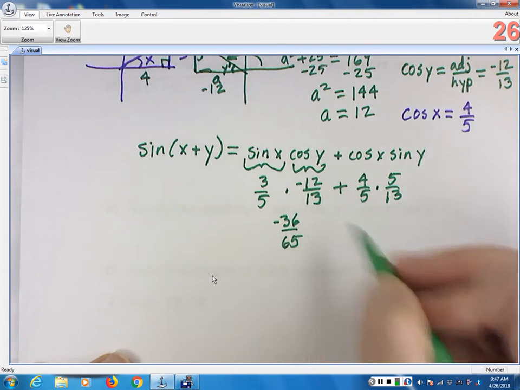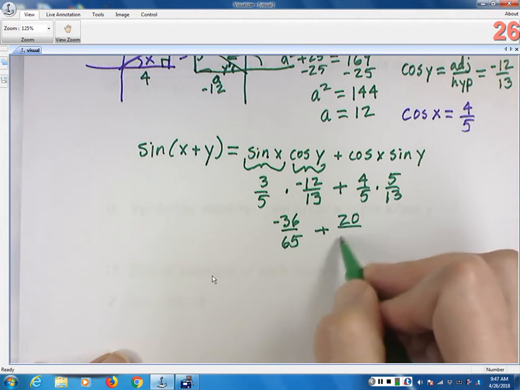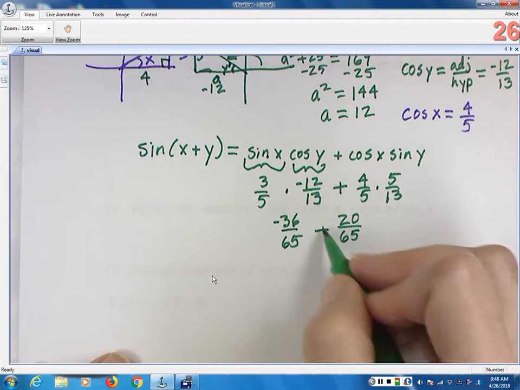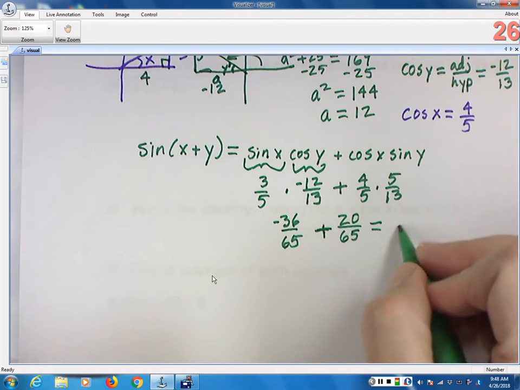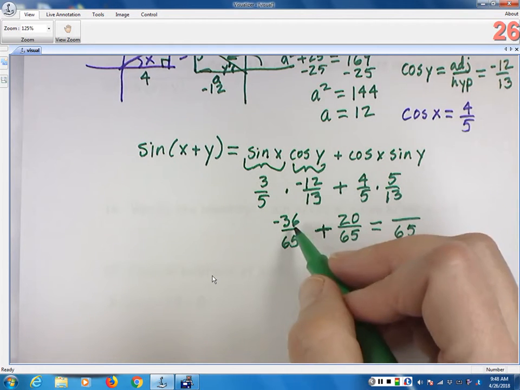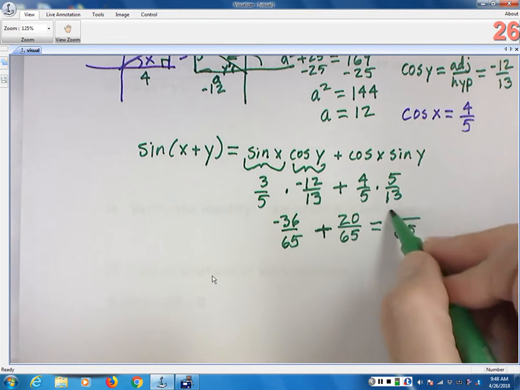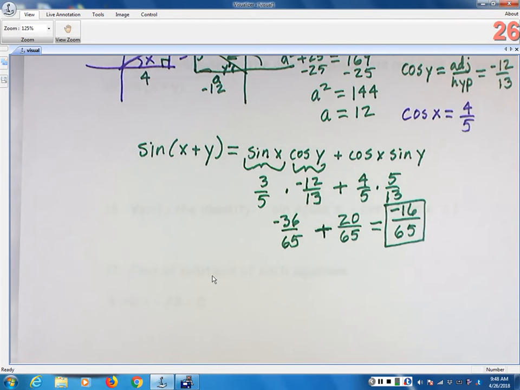Plus 20 over 65. Now when you add fractions, you do need a common denominator. We have a common denominator, so this is just 65. Minus 36 plus 20 is minus 16. That's your exact answer as a fraction.